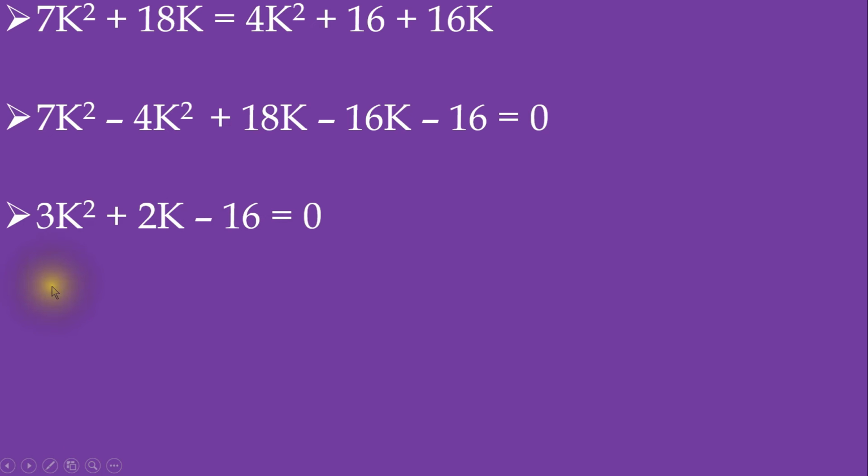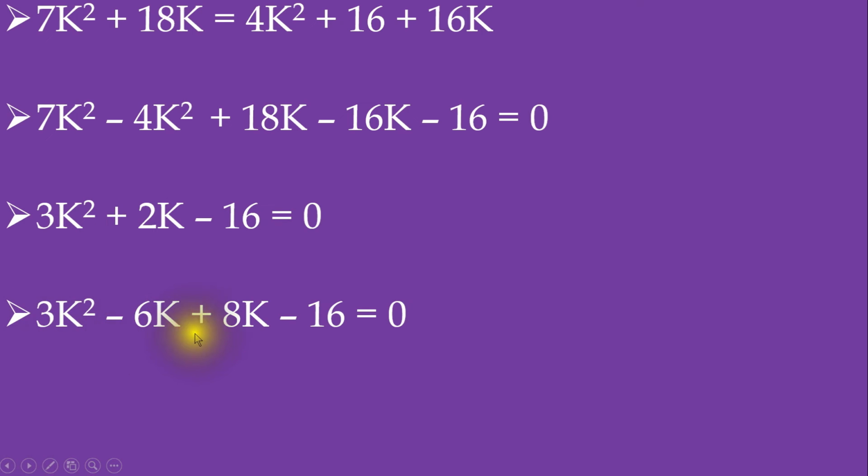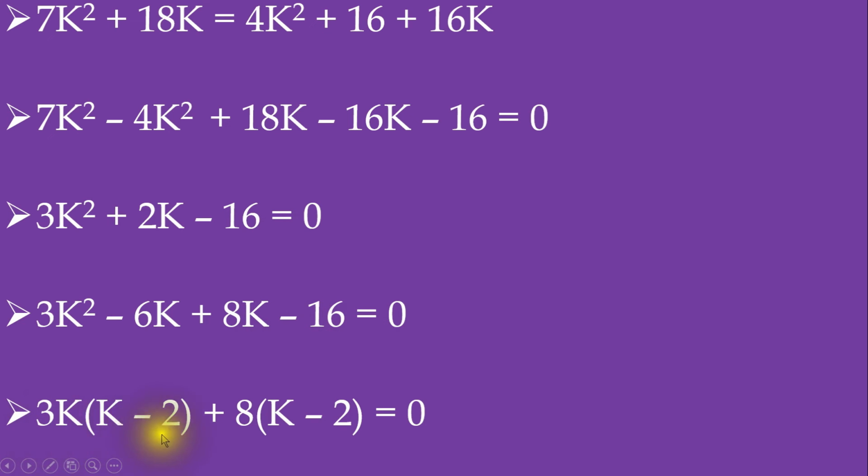So the next step will be 3k square minus 6k plus 8k minus 16 is equal to 0. Now here for 3k square minus 6k, these two terms we will take 3k as common, and for 8k minus 16, these two terms we will take 8 as common.